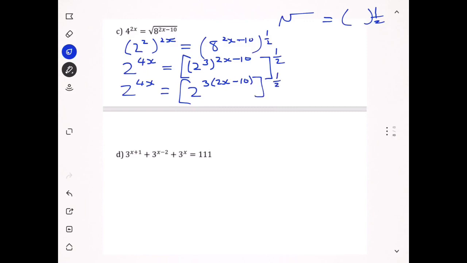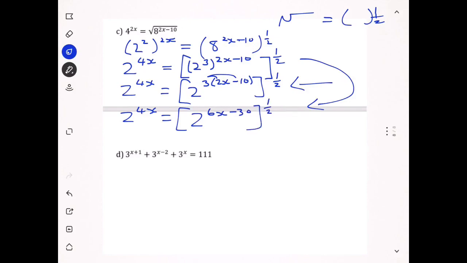You can of course skip a step like this and go straight to the step I'm going to do if you are able to see the maths in your head. 2 to the 4x equals 2. Now we're going to times out this 6x minus 30 to the power of a half.